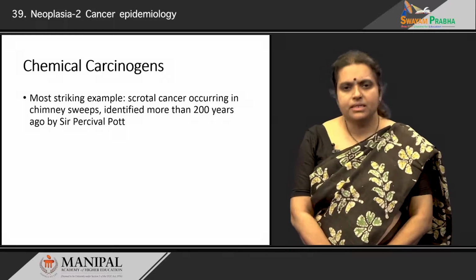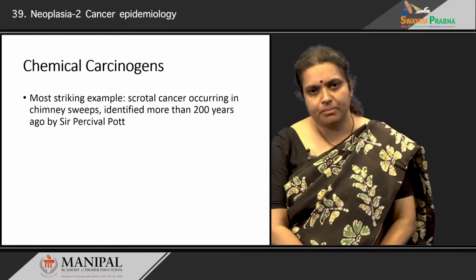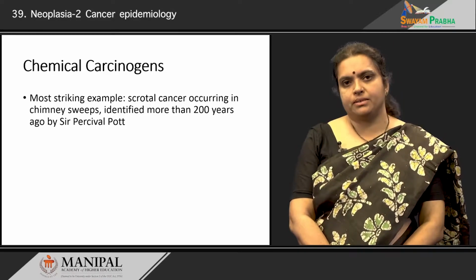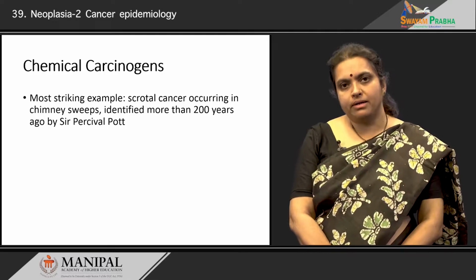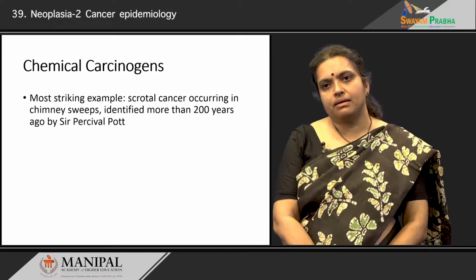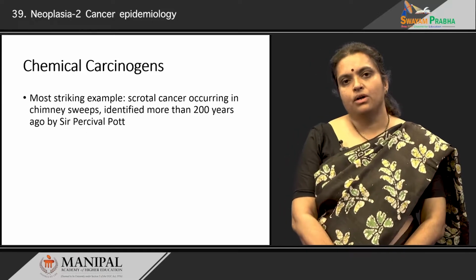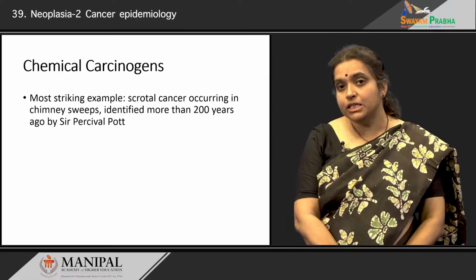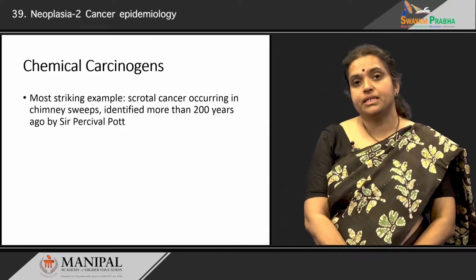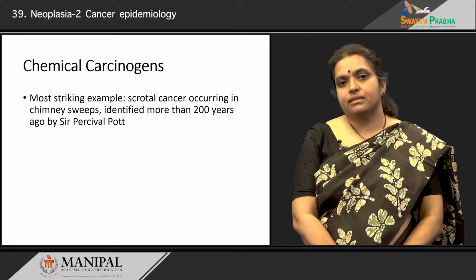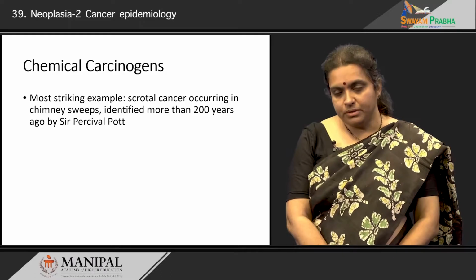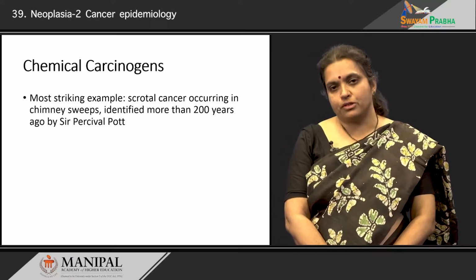Right. 200 years ago, there was a London based surgeon called Sir Percival Pott, who for the first time established that there could be an environmental link to the development of cancer. What he found was that there was an increased incidence of scrotal cancer among the chimney sweeps, and they introduced legislation against this activity, and that really reduced the number of cases of scrotal cancer.